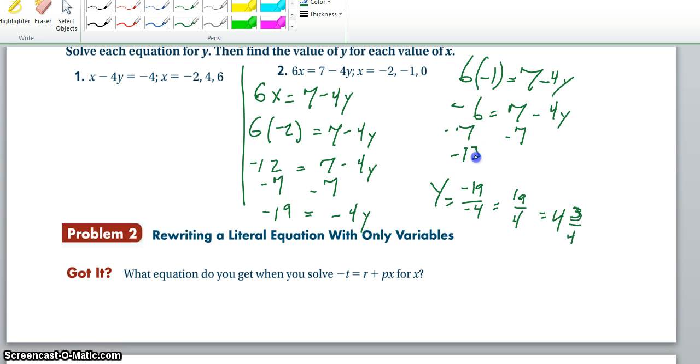We get a negative 13 equals negative 4y. From there, we would divide negative 4 from both sides. We get y equals negative 13 over negative 4. Negatives cancel out, and you get negative 3 and 1/4.